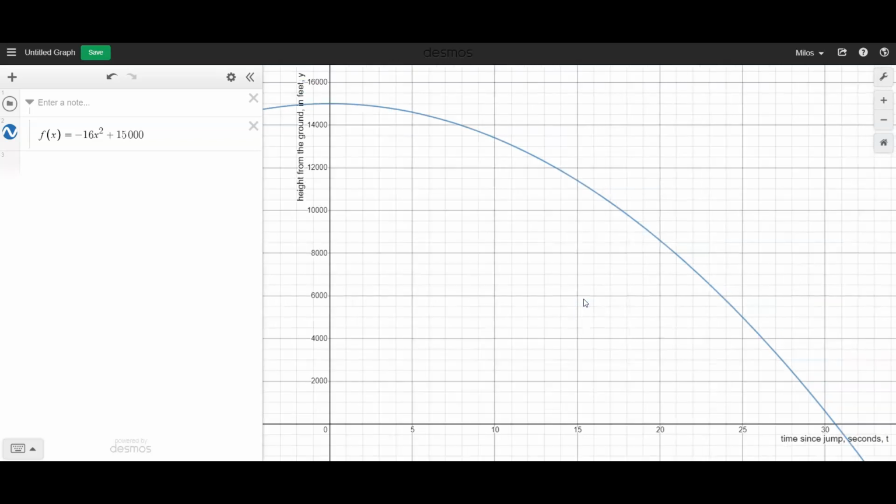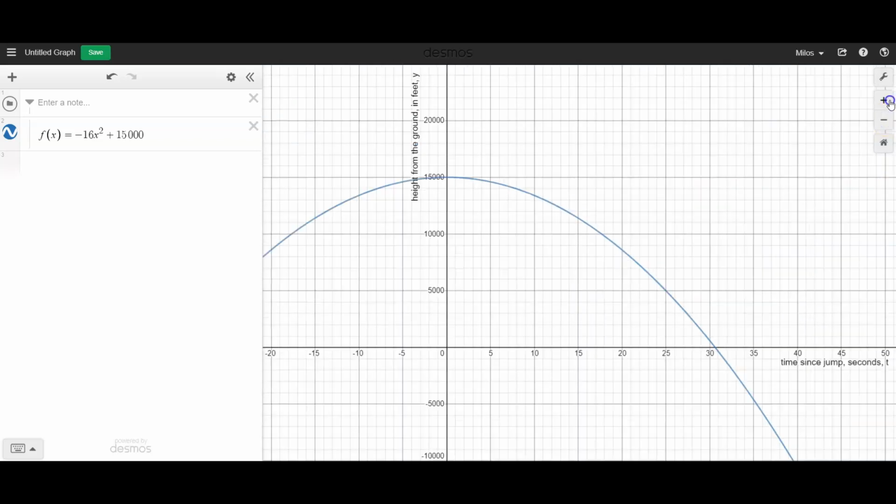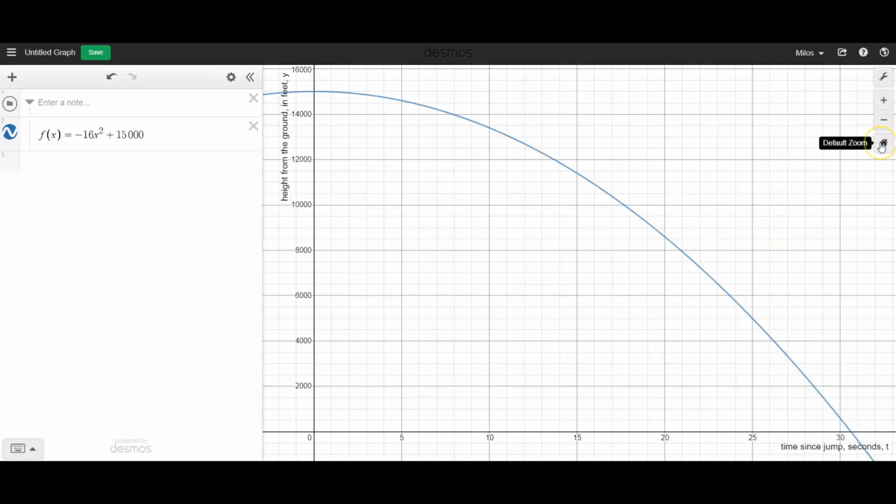I can zoom in and out. If you press the home button, that changes you back to the default settings for the graph, so be careful with that if you spend a lot of time doing this. By creating this folder, I could call it skydiver function.